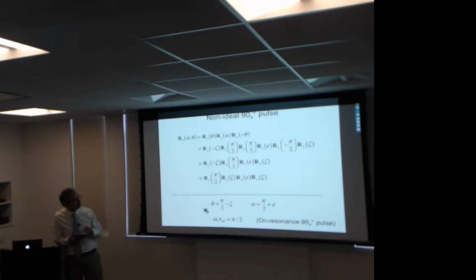To get to this line here, where now I have x's instead of the z's. And now I can make use of the same trick, act with this rotation matrix on the other side, and an x rotation turns a y rotation into a z rotation.